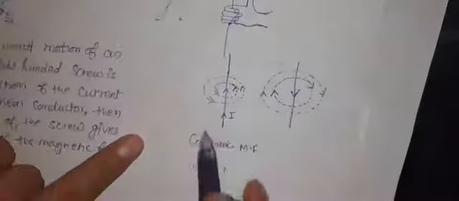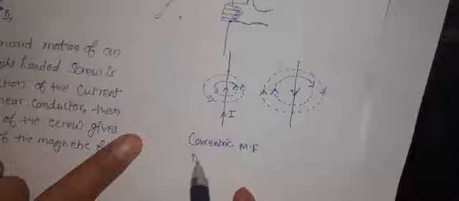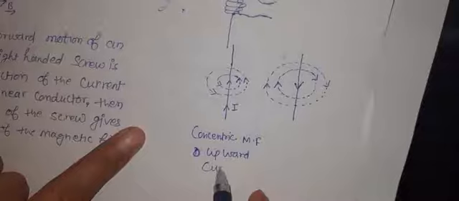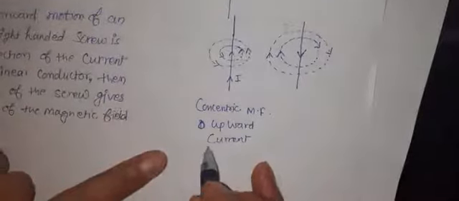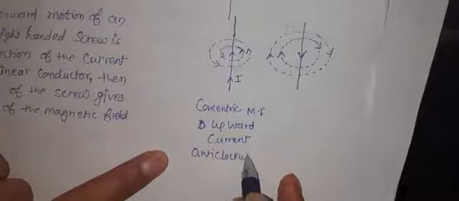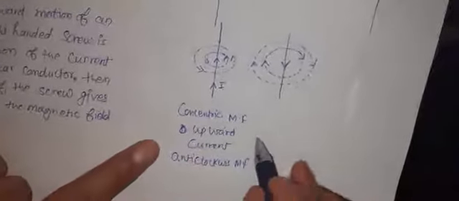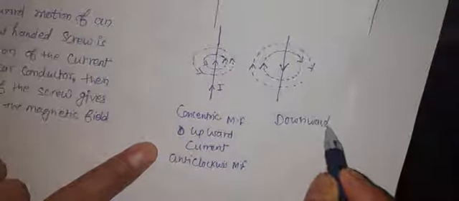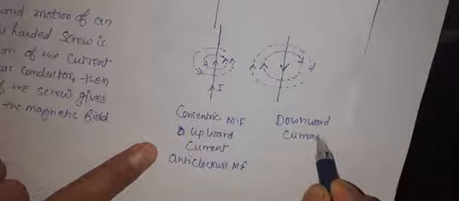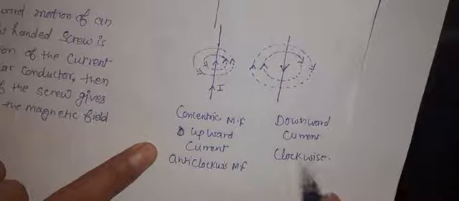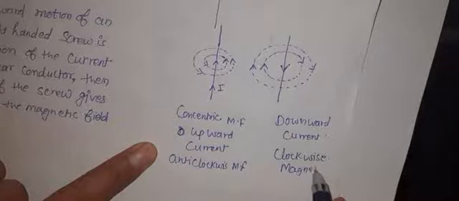Okay, so thus we come to know over here that this upward current produces an anti-clockwise magnetic field, while this downward current produces a clockwise magnetic field.